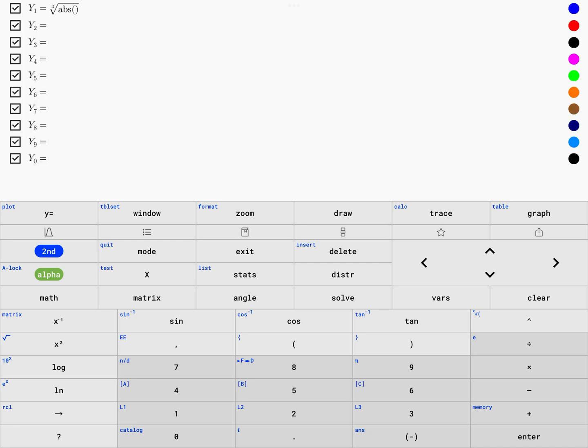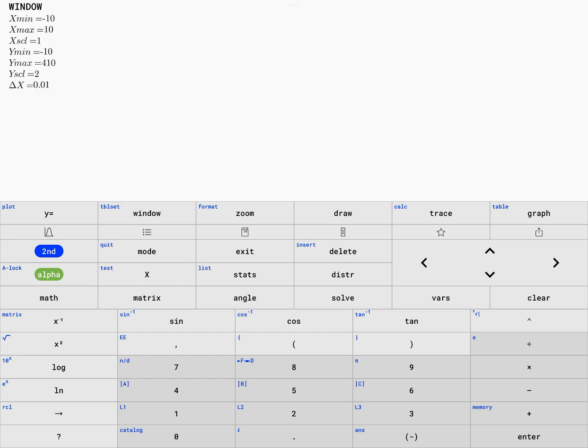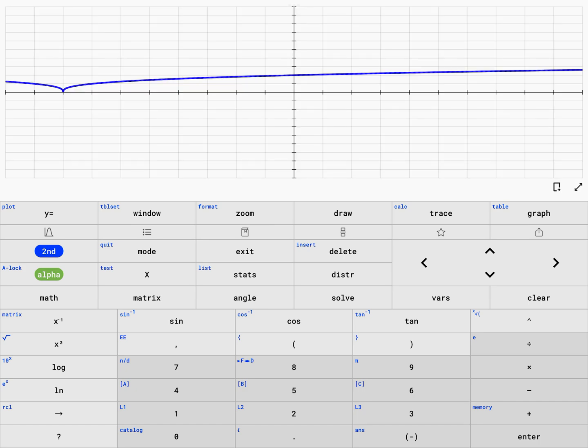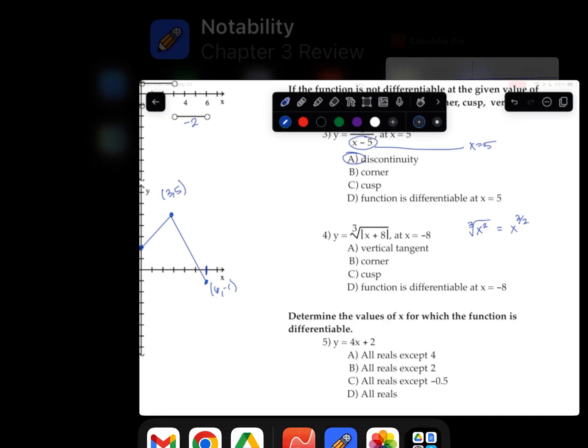So we have cube root of absolute value of x plus 8. Okay, and then let me adjust my window. Let me just do standard. Okay, yeah, that does appear to be a cusp right there at x equals negative 8.